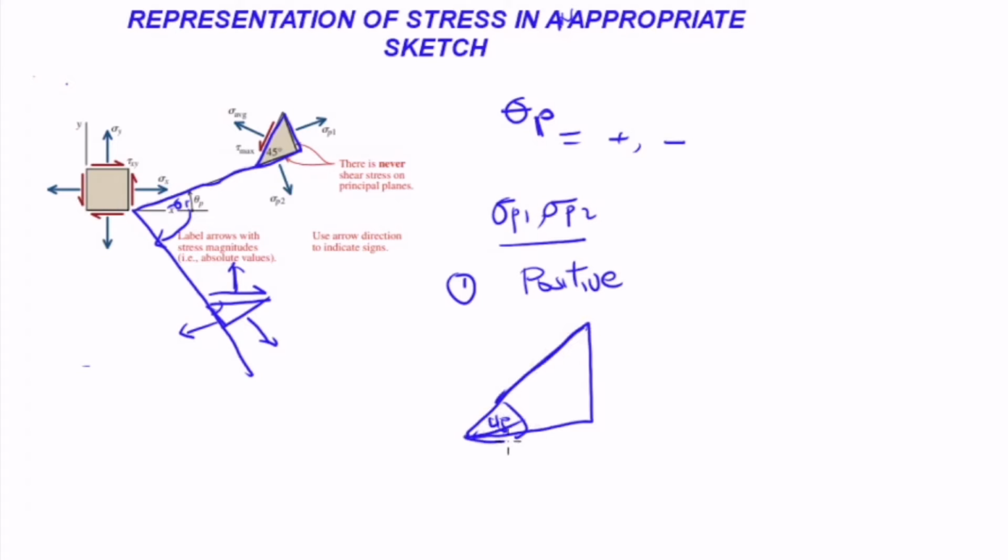Then let's see how we are going to put our values there. So we have both to be positive, so as you can see, this side is for the principal stress 1. Principal stress 1 is positive, so it should move in this way because it's moving in the positive direction. And we have our principal stress 2 to be also positive.